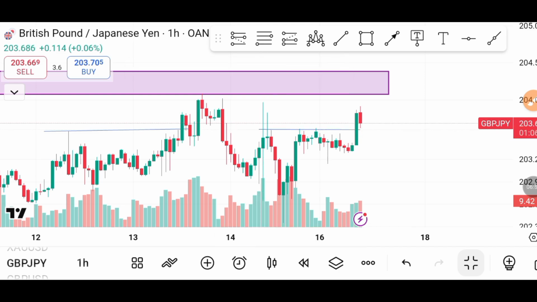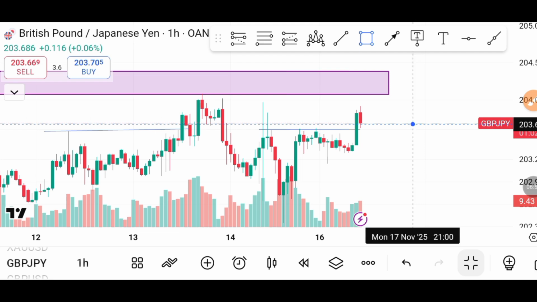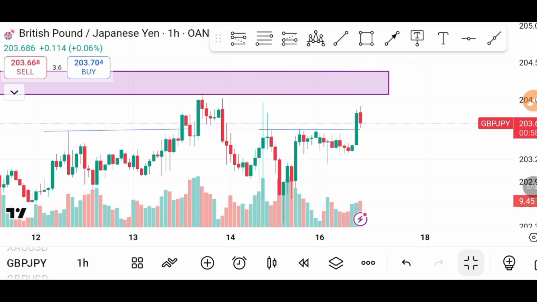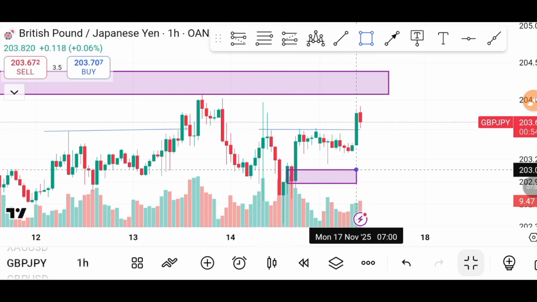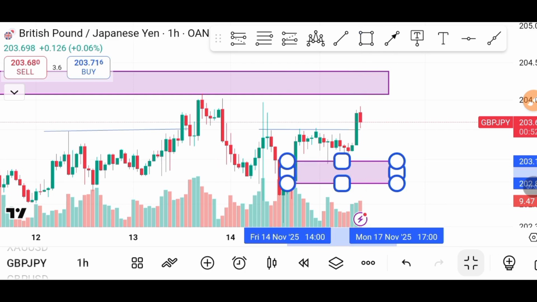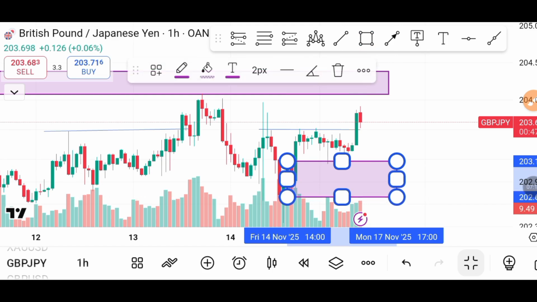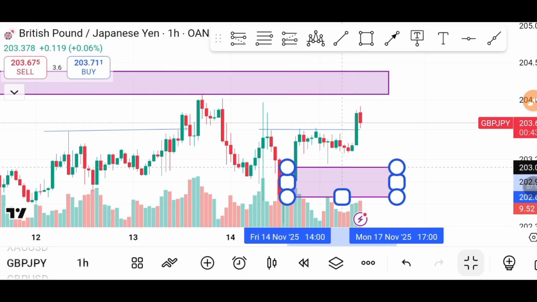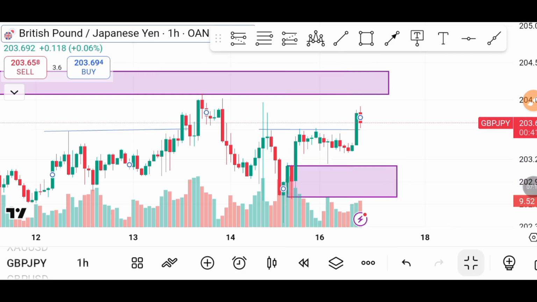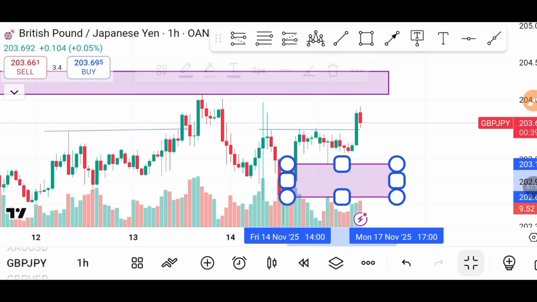So this is the breaker structure we have on the 1 hour time frame, and sorry guys, we have this other block resting here currently. This is on the 1 hour time frame. So this other block, yes, is valid, it's very, very large, but price already tapped into it, kind of at the edge.